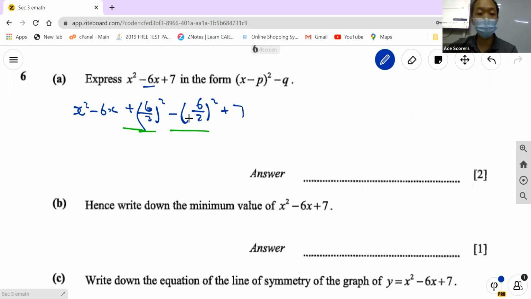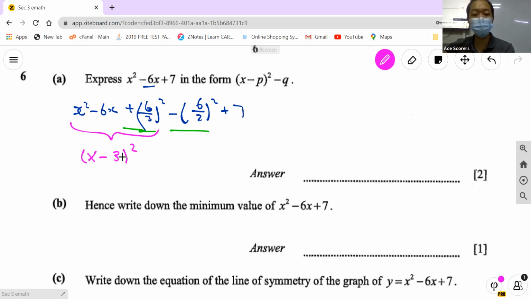And then after that, this part is the complicated part. These three terms will collapse to form (x minus 3) squared. How would you describe this part? Just take this, divide by 2, put it here, and then square.